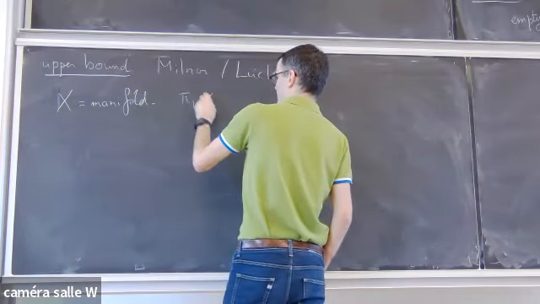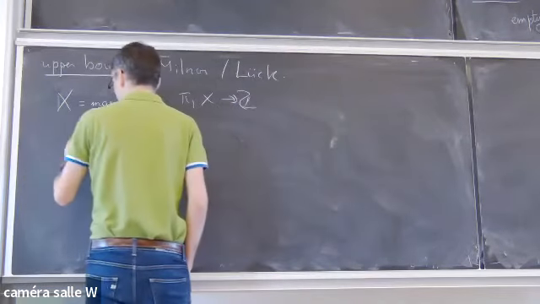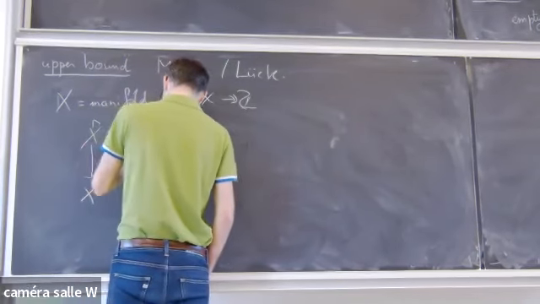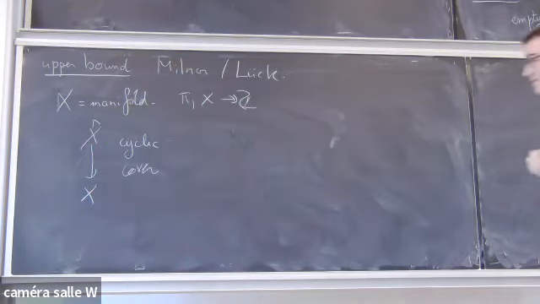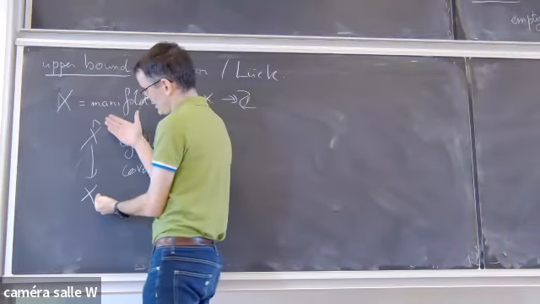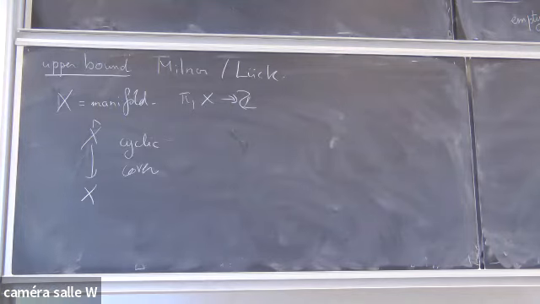You take a morphism from pi_1 to Z, and you look at the corresponding cyclic cover. Okay? And what he does is write down an exact sequence relating the homology of X hat and X, and it involves the action of the deck transformation on the homology.